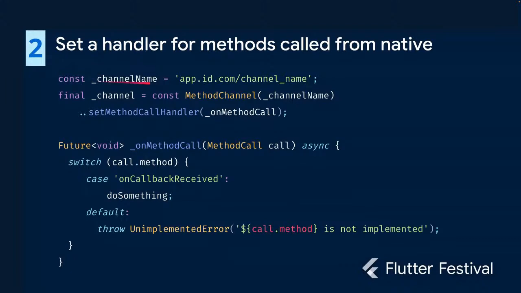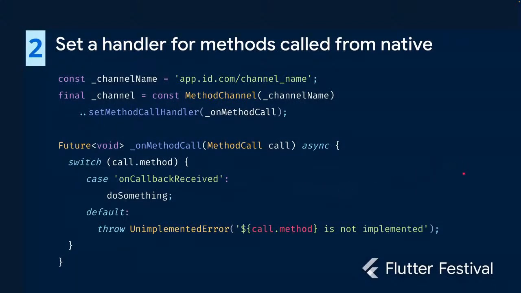So the channel name must be identical both on the native side, whether Swift or Kotlin, whatever language I'm using, and on Dart. Same thing for method calls. So if I'm calling this method on callback received, it should have the same name on native. So I am sure that I'm doing the communication well, and I'm expecting the correct result.